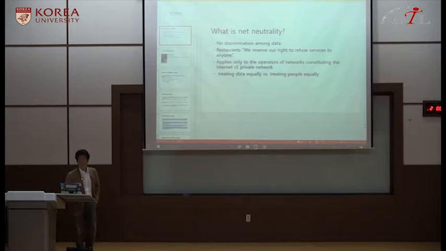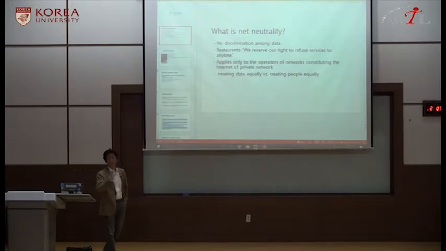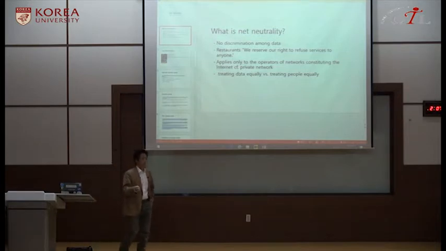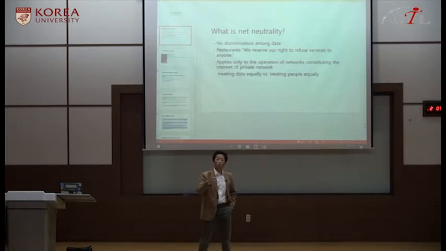Now, it applies only to the operators providing the network for data traffic that constitutes the internet. It doesn't apply to any other network, okay? For instance, let's say you want to create a network of volunteers working for the homeless, right? Network of students. You are not imposed any neutrality rule.